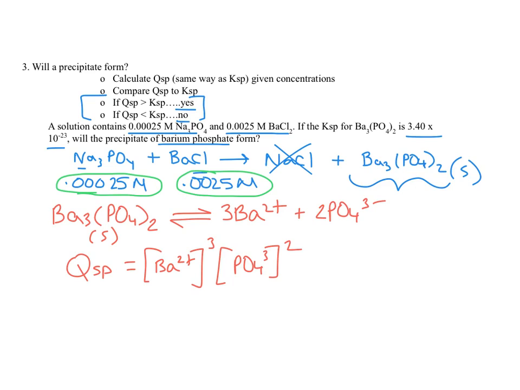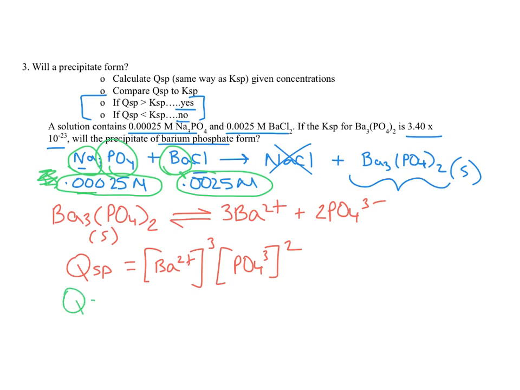You have to make sure if the concentration of sodium phosphate is 0.0025, then my sodium concentration would be 3 times that number, but my phosphate concentration is going to be 0.0025. Since there's only one barium in barium chloride, then that concentration is 0.0025 as well.